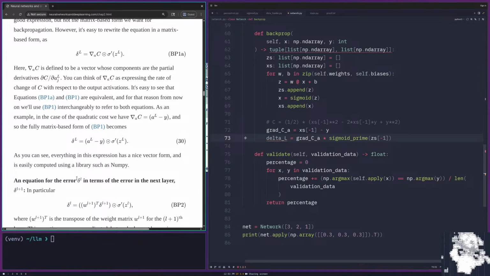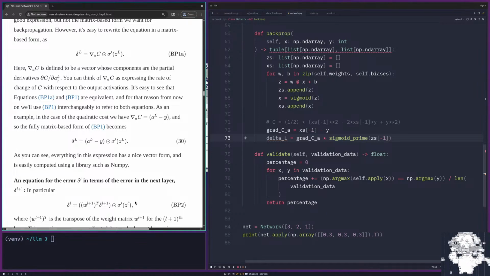An equation for the error delta L in terms of the error in the next layer, delta L plus 1, in particular. Delta L equals the weight of the next layer transposed times delta of the next layer, Hadamard product sigmoid prime of the activation of this layer. No, the weighted input of this layer.